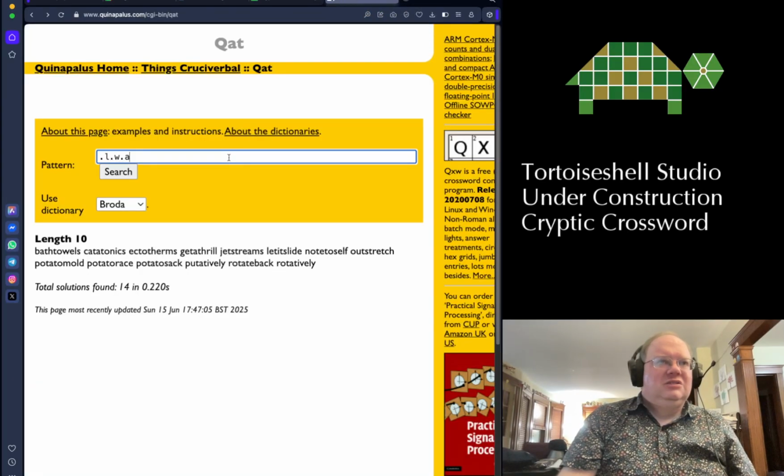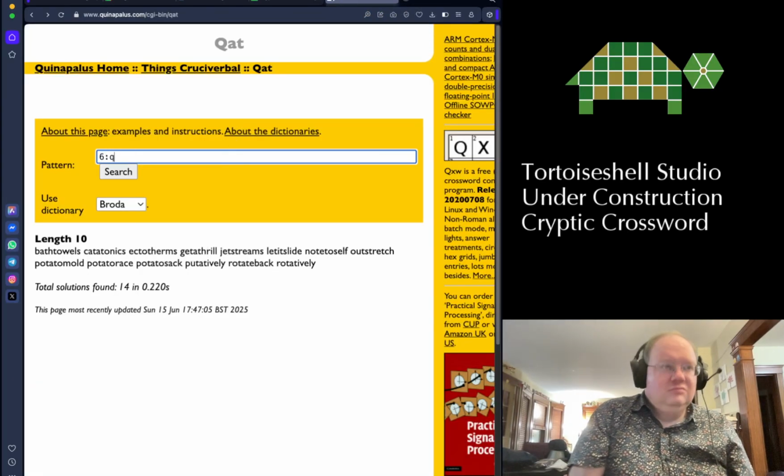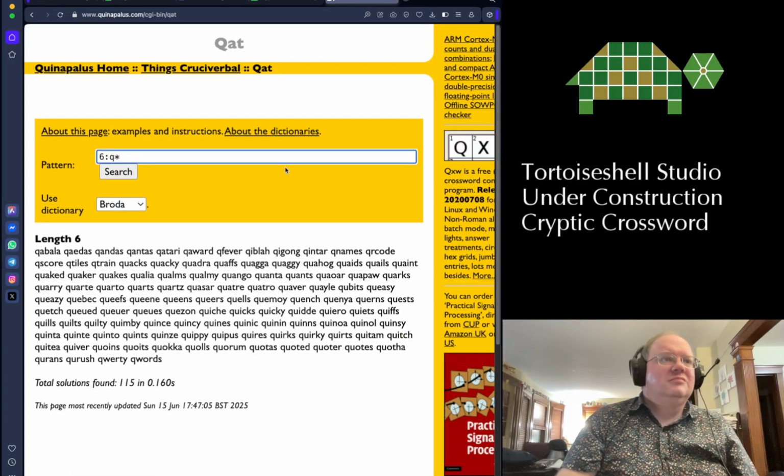Could do something odd like QWERTY or Qantas.